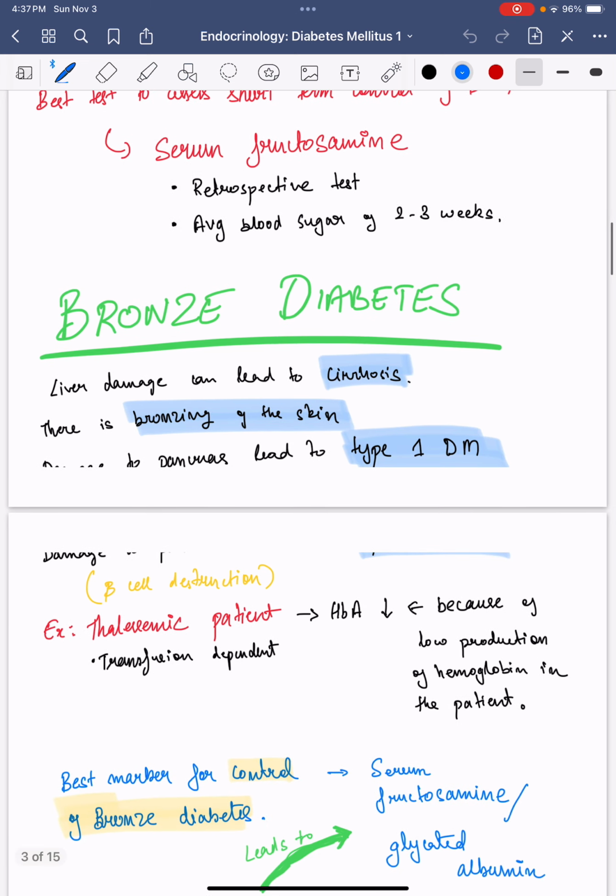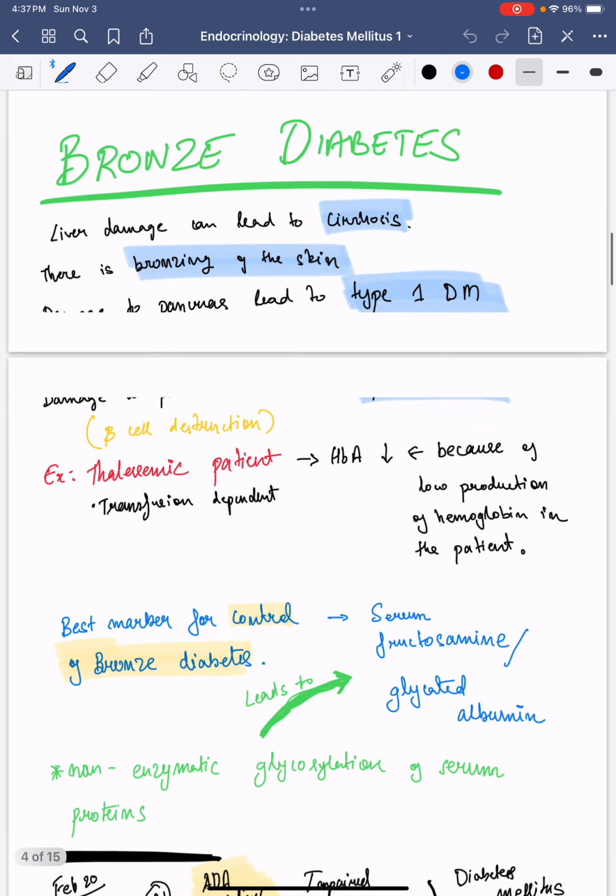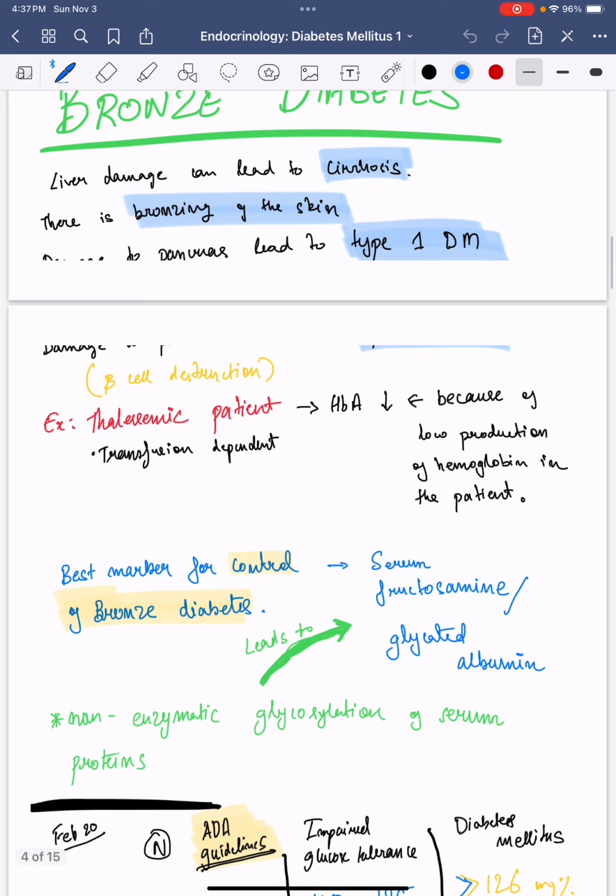So let's talk about bronze diabetes. Bronze diabetes is when the liver is damaged and it leads to cirrhosis. There is bronzing of the skin, and there is also damage to the pancreas that leads to the development of type 1 diabetes mellitus. So there is damage to the pancreas, that means there is beta cell destruction, which will lead to type 1 diabetes mellitus.